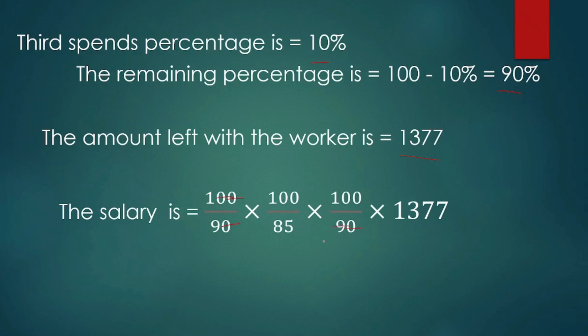So 9 ones are 9. 47 is there. 9 fives are 45, so 2 is there. 27. 9 threes are 27.